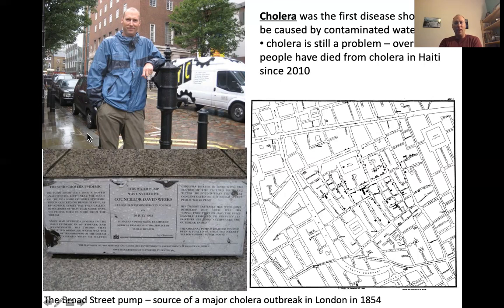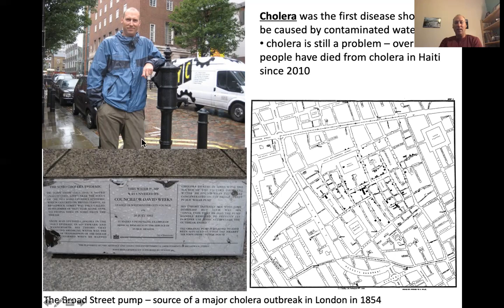It was pouring rain when we were there, but that's the Broad Street pump, and it's a monument. Obviously, no one actually uses it for water anymore, so this is just a symbolic monument to John Snow. At any rate, the mid 1800s was before the work of Koch and Pasteur advancing the germ theory of disease and actually proving that specific bacteria were causing specific diseases.